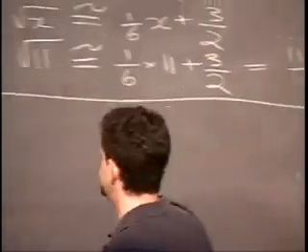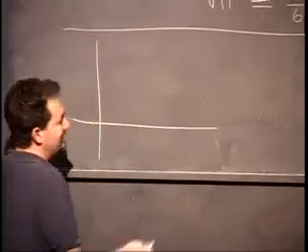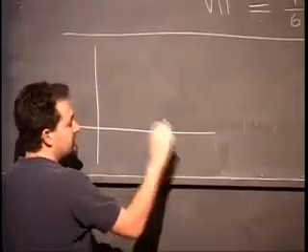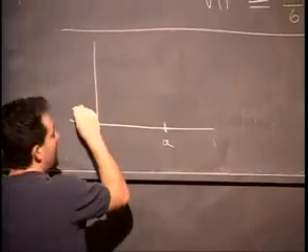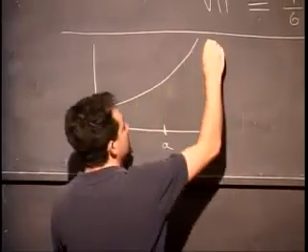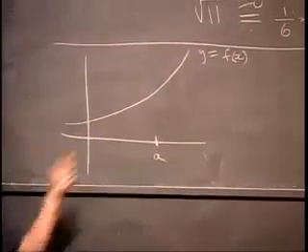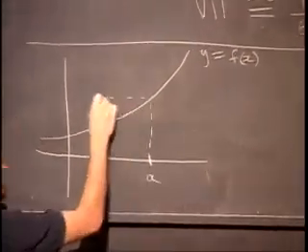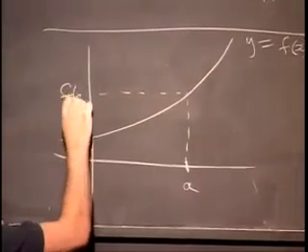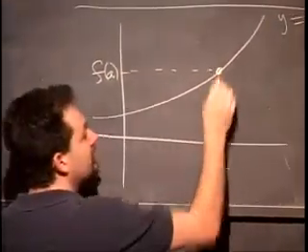In general, our picture looks like this. Instead of 9, I'm going to take some point that I'll call A. And here's my function, y equals f of x. And I'm looking for approximate values of it near A. I'm going to assume that I know exactly what's going on at A. That's the sort of known anchor point, if you like.